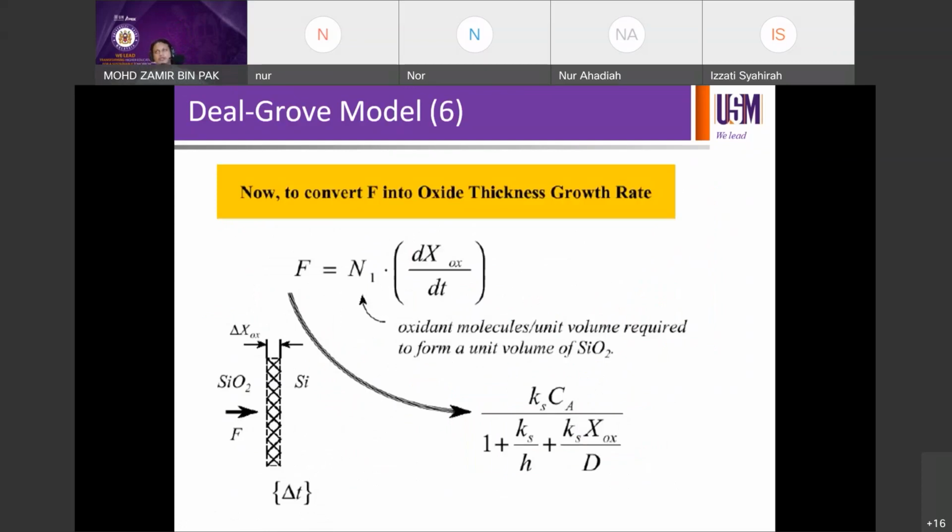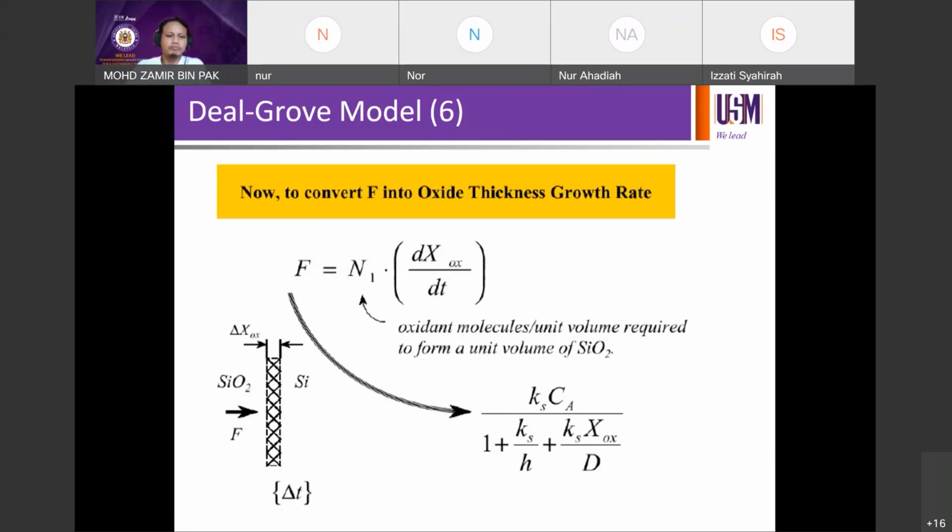The interest is how we convert the flux into oxide thickness growth rate, and eventually know the final thickness grown in a specific process, either in linear mode or parabolic mode, right? So that is the main interest of this model. We will use the figures given later on to plug into either linear or parabolic, and then try to get your oxide thickness.